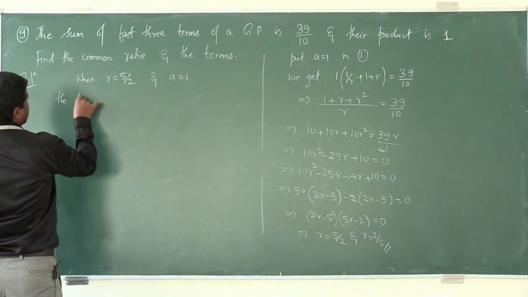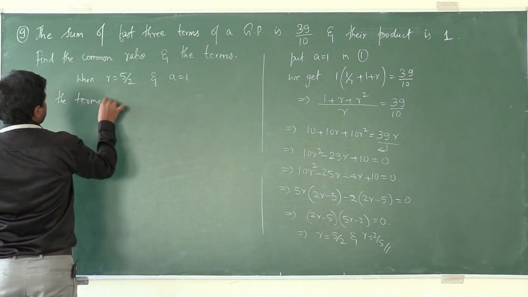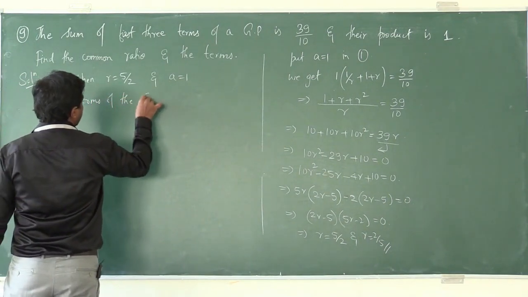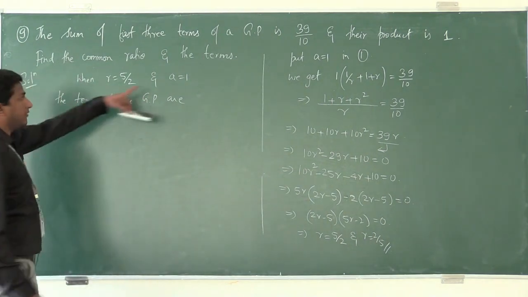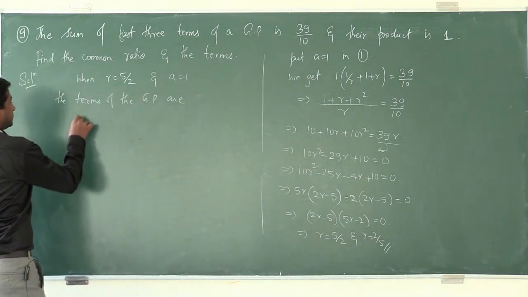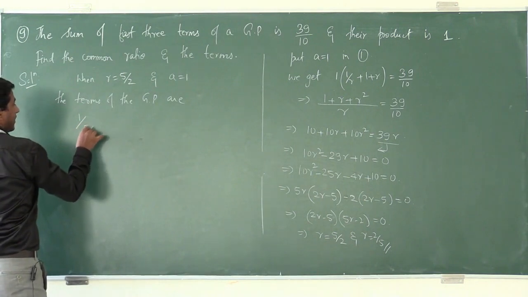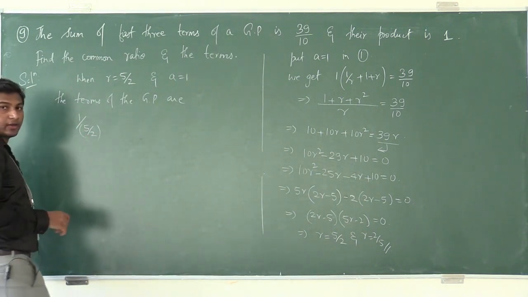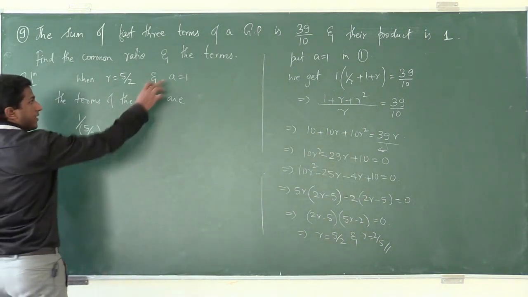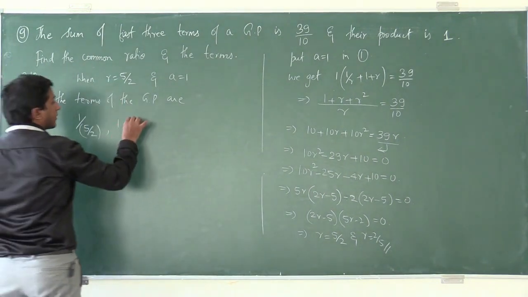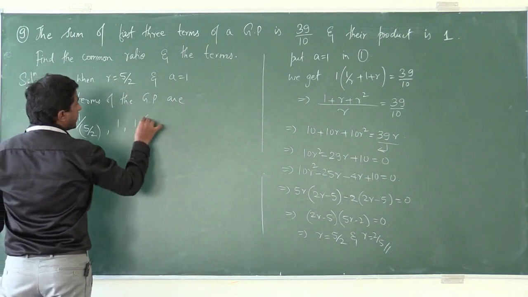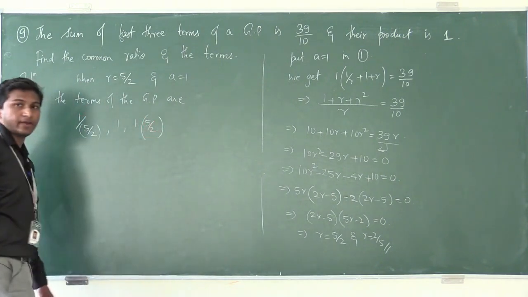The terms of the GP are a by r, where the value of a is 1 and r is 5 by 2, comma a, the value is 1, comma a into r, that is 1 into 5 by 2.